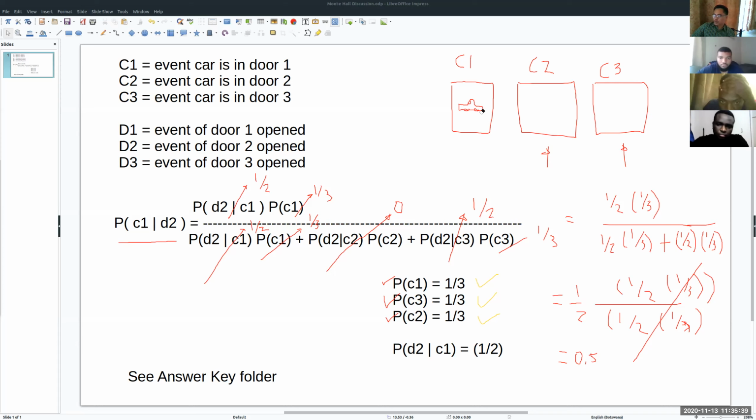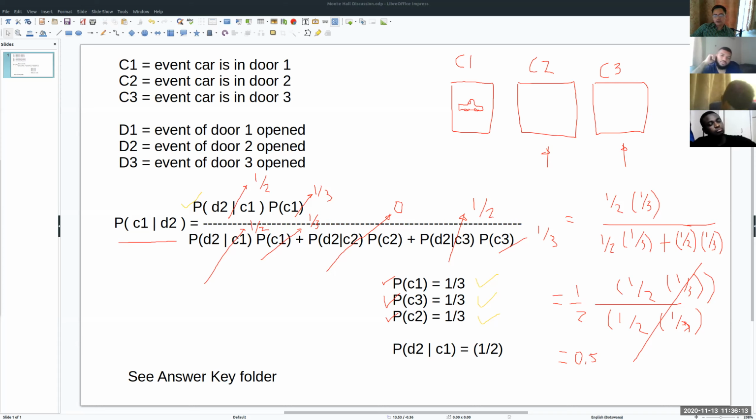Given that the car is in door one, what's the probability of opening door two? 1/2. We have two possibilities. So probably this one is correct. We agree that's 1/2. So this term is okay.